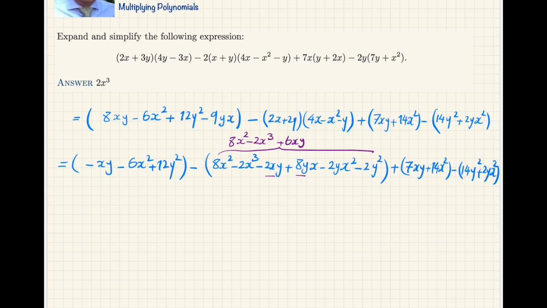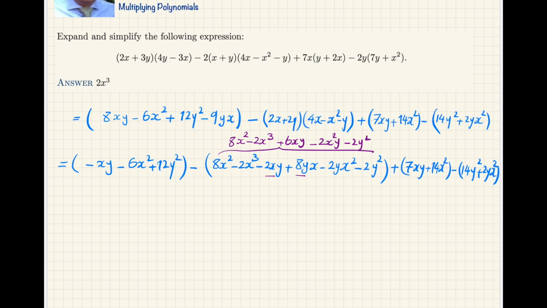And the rest of it, minus 2, instead of yx squared, I would prefer to write x squared y, minus 2y squared. Of course, it doesn't matter. Then the last step is just to remove these pairs of brackets. For this one, I don't need to be careful because there is no sign behind the pair of brackets. It means that that's positive. So the only pairs of brackets that I have to be careful for are this one and that one, yes?